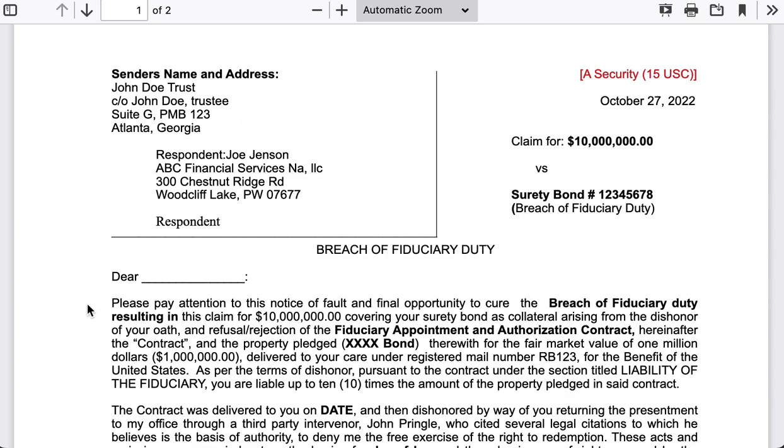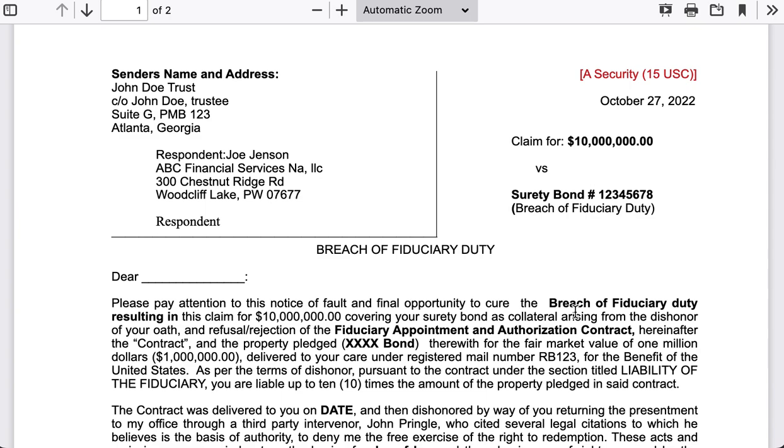If you notice, the first line says, please pay attention to this notice of fault and final opportunity to cure the breach of fiduciary duty resulting in this claim of $10 million covering your surety bond as collateral, arising from the dishonor of your oath and refusal/rejection of the fiduciary appointment and authorization contract, hereinafter contract, and the property pledged therewith for the fair market value of $1 million delivered to your care under registered mail number RB123 for the benefit of the United States.